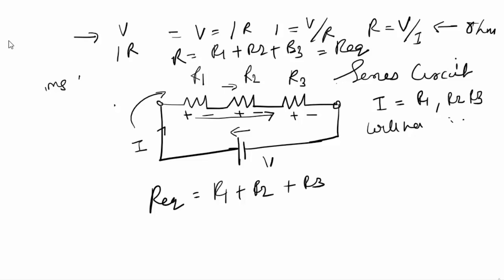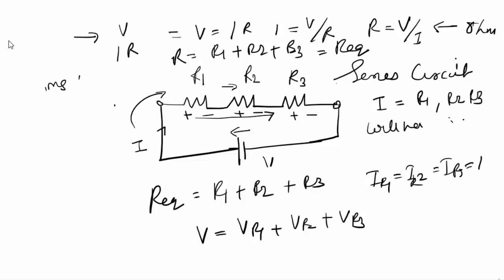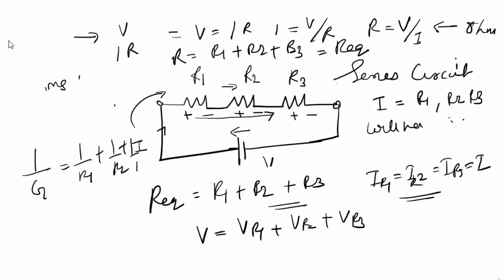The total voltage will be equal to VR1 plus VR2 plus VR3, and the current through all the elements, IR1 equal to IR2 equal to IR3, will be equal to I. And the equivalent conductance of the circuit can be given as 1 upon R1 plus 1 upon R2 plus 1 upon R3, that is the opposite of the resistance. So these are some of the things which you will need to take.